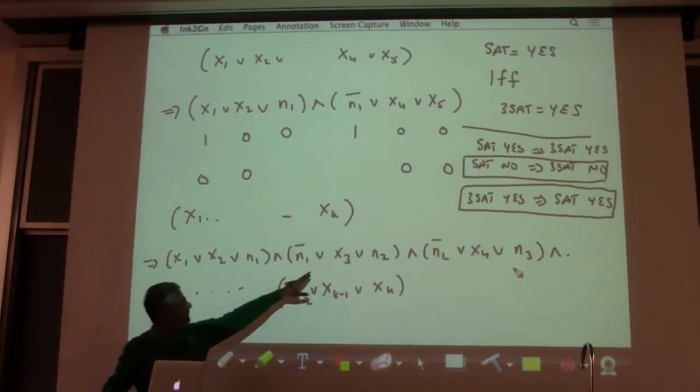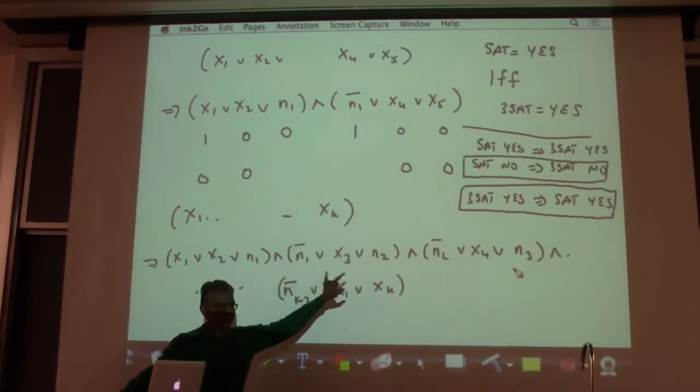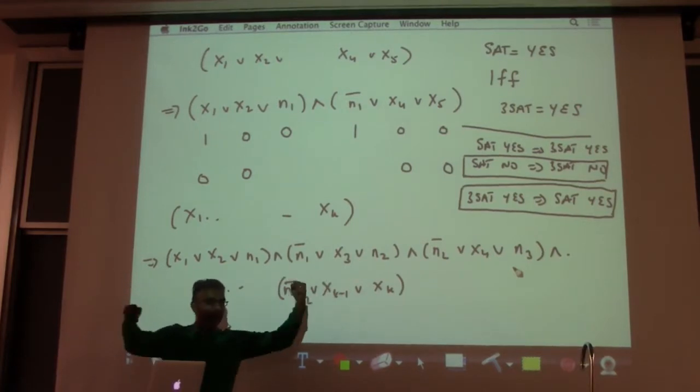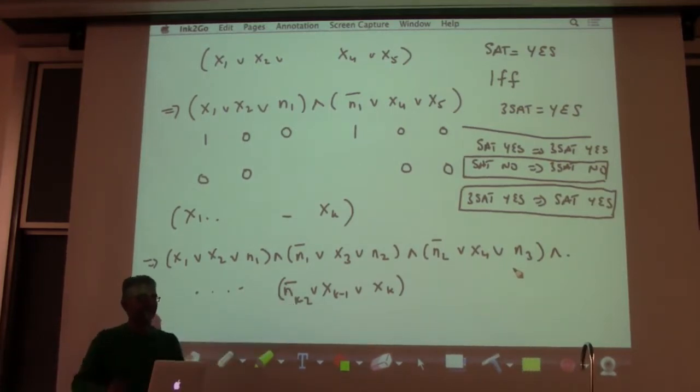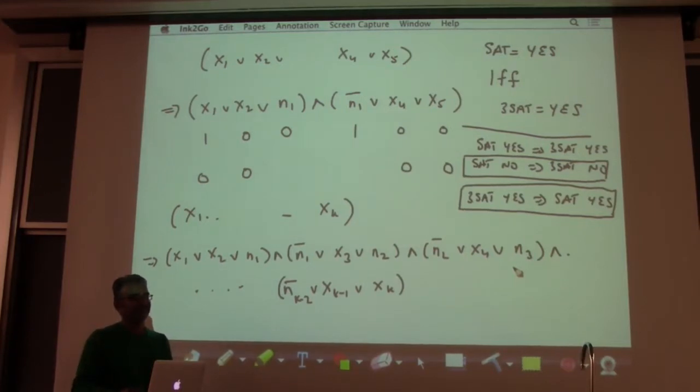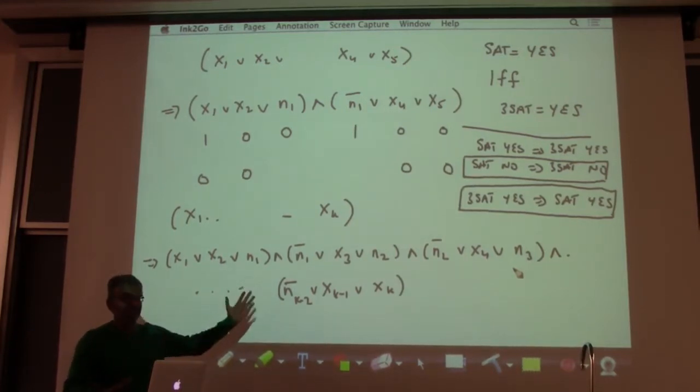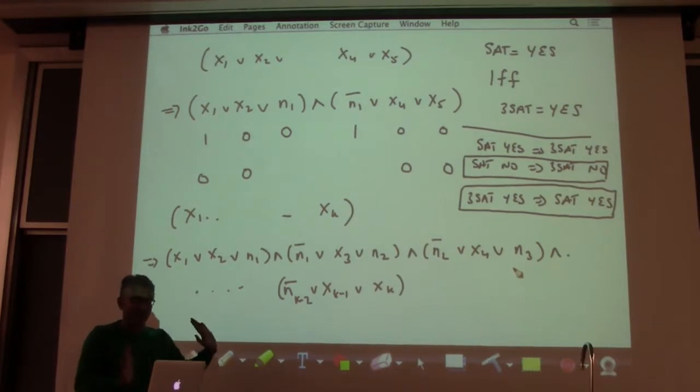You have to add 2 different variables. You're only keeping one of the literals from the original clause, and you have 2 more to hook up to the previous and the next one. So the fewest you can do is 3. At least using this trick. There may be another trick, but this trick is not going to work.